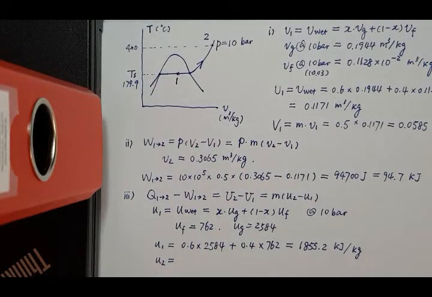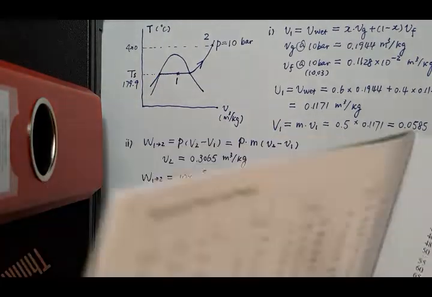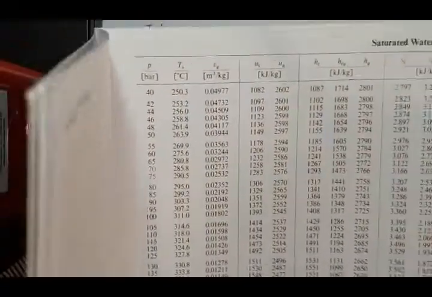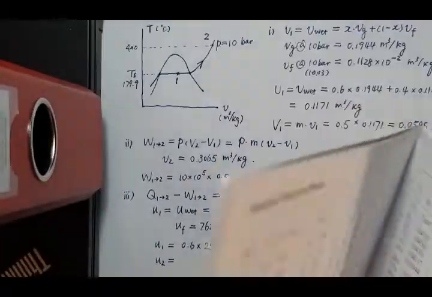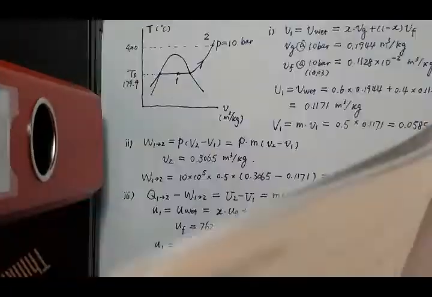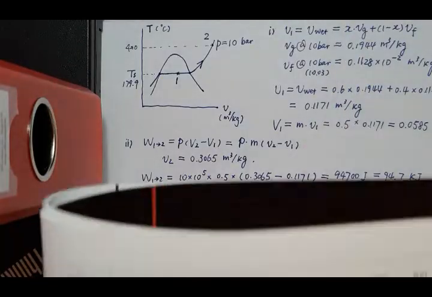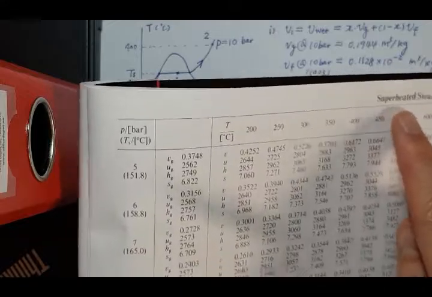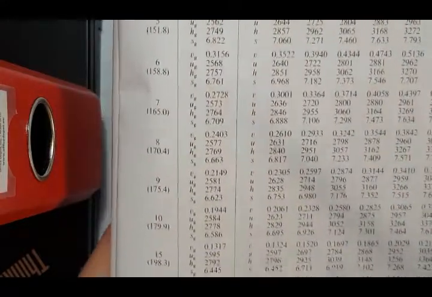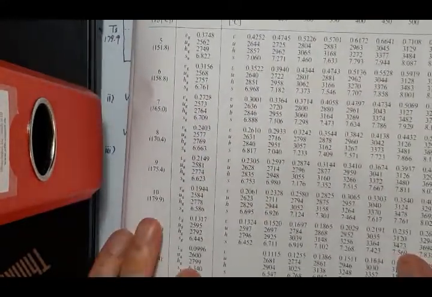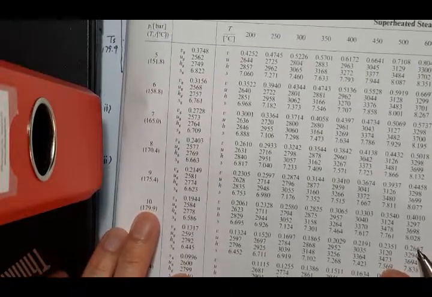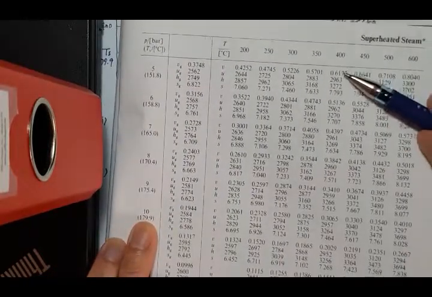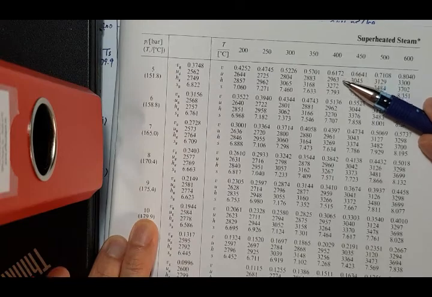This time we can't use the saturated water and steam table, so we need the superheated steam table. We need to find the pressure, 10 bar, and also the temperature, 400.